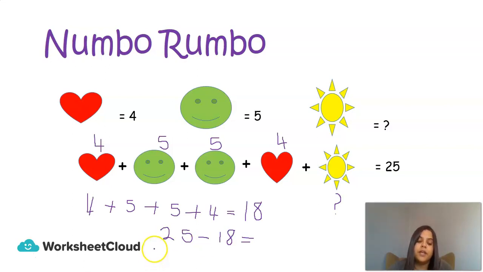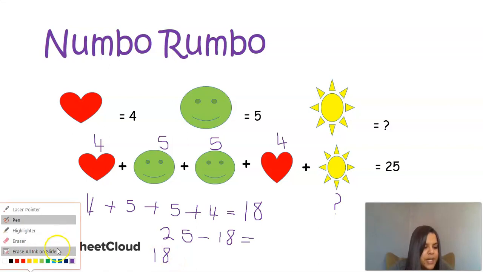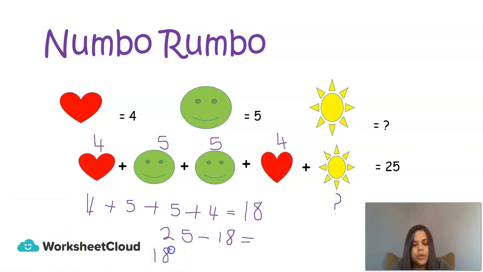So let's try the leapfrog method. I'm going to put my 18 here at the bottom. And I'm going to see how many jumps I need to make to get to 25. So I'm going to use a different color for that. If I make one jump, it gives me 19. Second jump, 20. My third jump, 21.